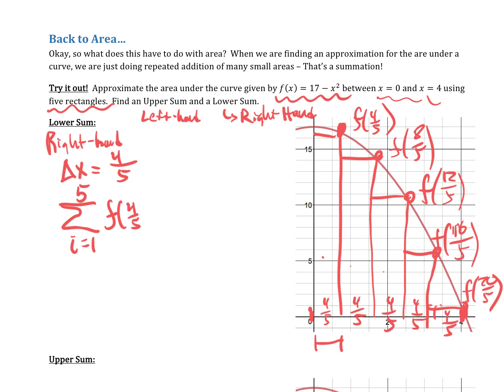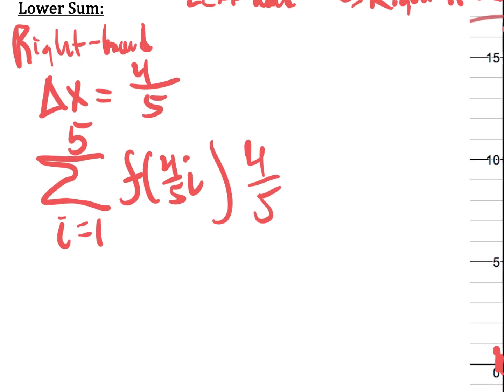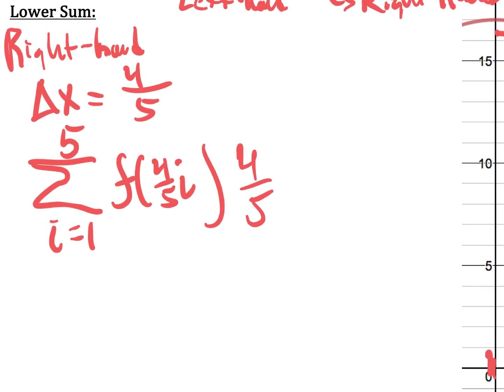This first one was 4/5 times 1, 4/5 times 2, 4/5 times 3, 4/5 times 4. So this is 4/5 times i, times delta x. Well, what is delta x? Delta x was 4/5. Now we could use our calculator at this point here, and that's often all we want to do. But let's go through the algebra here, and let me show you how this works, okay?